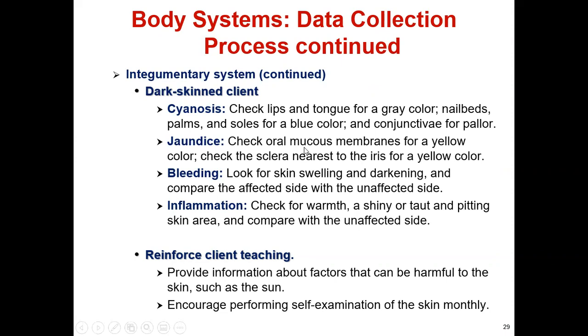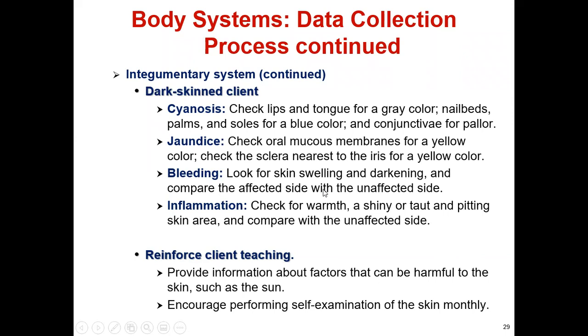Jaundice: check the oral mucous membrane for a yellow color. Check the sclera nearest to the iris for yellow color, meaning bilirubin is elevated because of jaundice, because of a liver problem. Bleeding tendency: look for skin swelling or darkening.